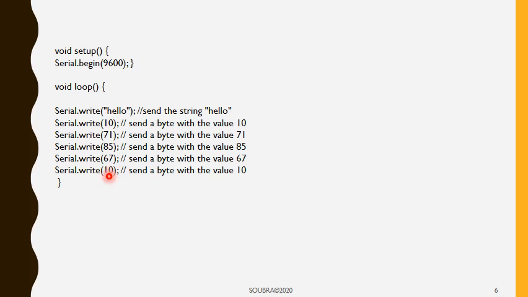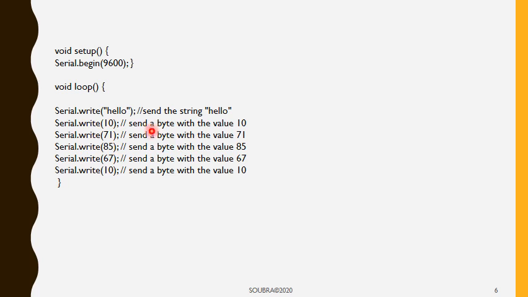Well, if we're gonna go ahead and play Bond and try to decipher what this means, let's think for a second. What would that be? So I'm sending a bunch of values: 10, 17, 71, 85, 67, and 10 again.